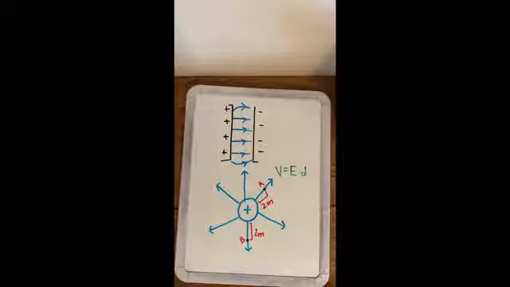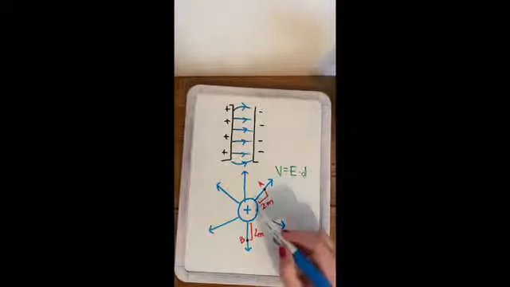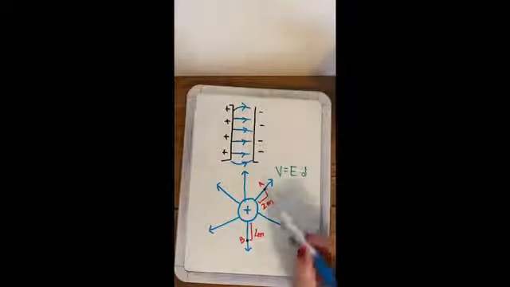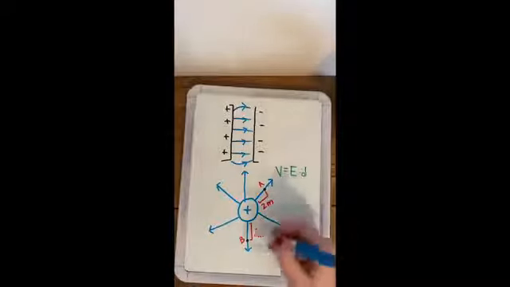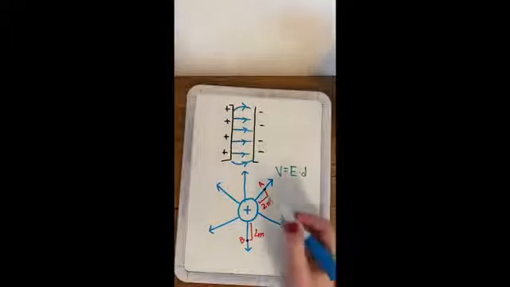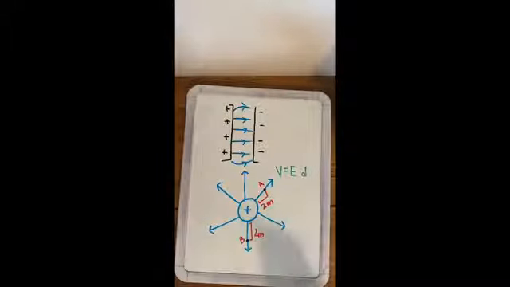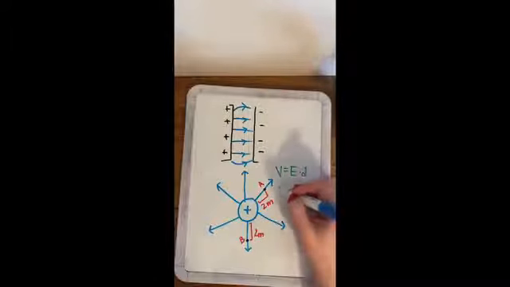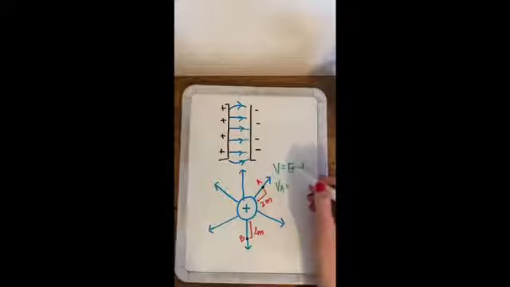Let's do an example with a point charge now. We can use the same equation that we used above, with electric field times the distance away from the point charge. Here we have point A and point B, and they're the same distance from that point charge, but in different locations. So if we plug in point A, let's define electric field as 2.